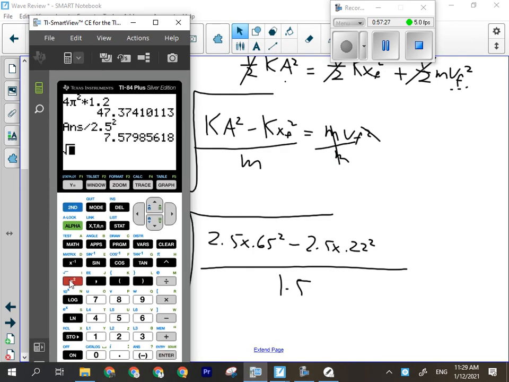Okay, so square root of 2.5 times 0.65 squared, minus, oh, I should have had that in brackets. Actually, I should have had it in 2 sets of brackets.